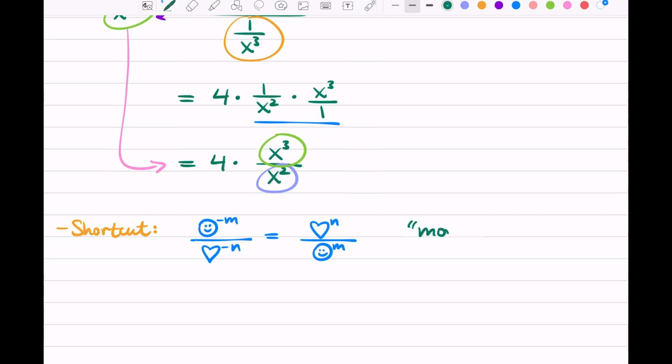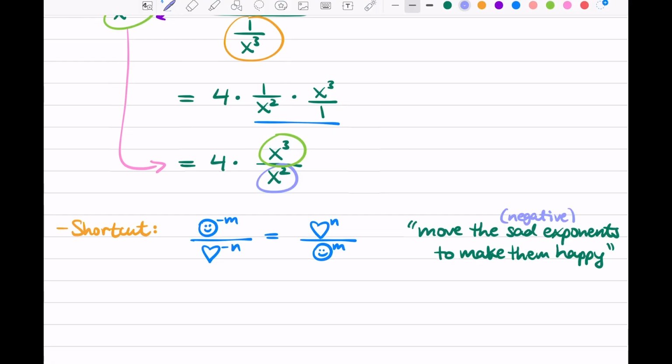So we move the sad exponents to make them happy. And our sad exponents are the negative exponents, and we make them positive.